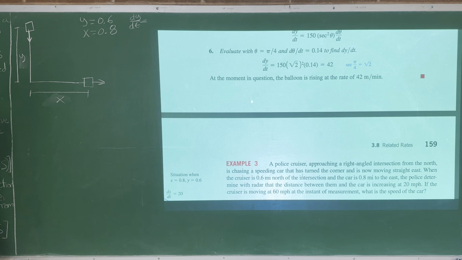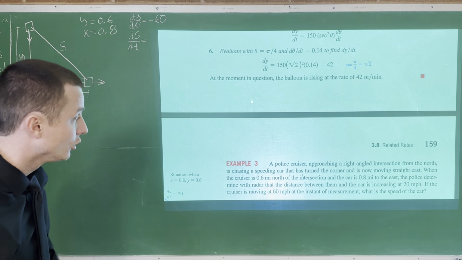And now finally, we need to relate the distance from our police car to the other car. That distance, I'm just going to represent with the variable s. We know that at the time we care about, ds/dt is equal to 20.